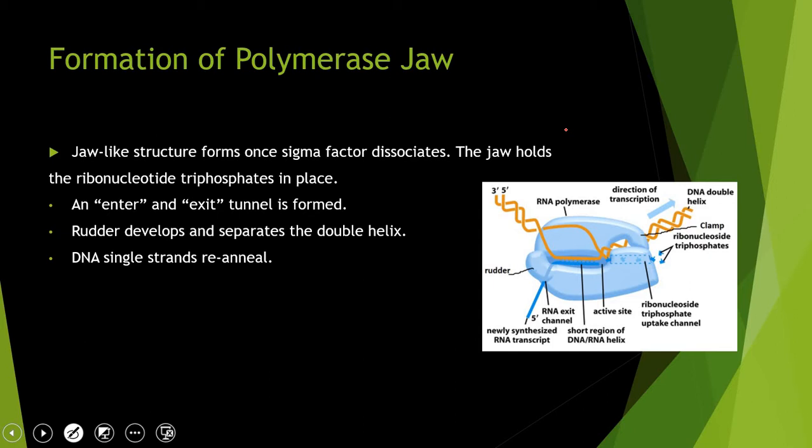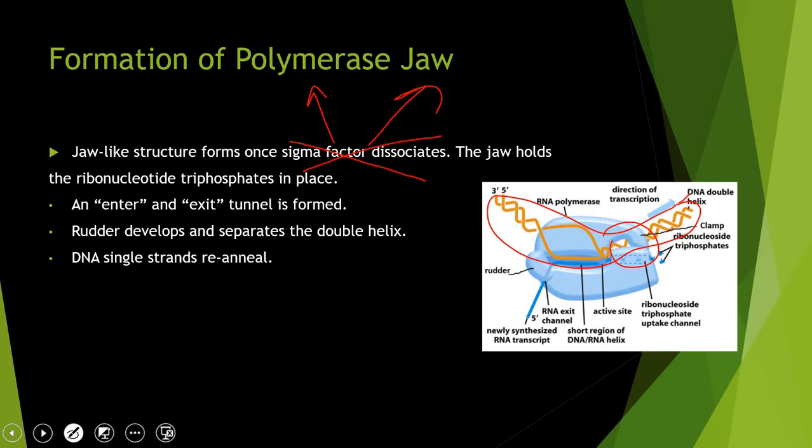And now what's going to happen is that the sigma factor is gone. Once this sigma factor is gone, there's a formation of a jaw-like structure, as you can see here, that the polymerase creates, right? And the function of this jaw is to hold the ribonucleotide triphosphates in place, right? You need that jaw to hold this in place.